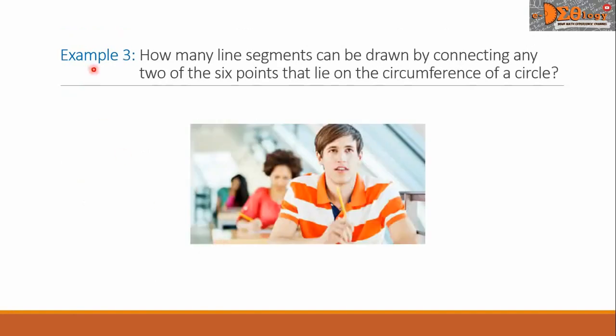Let us see example 3. How many line segments can be drawn by connecting any 2 of the 6 points that lie on the circumference of a circle?